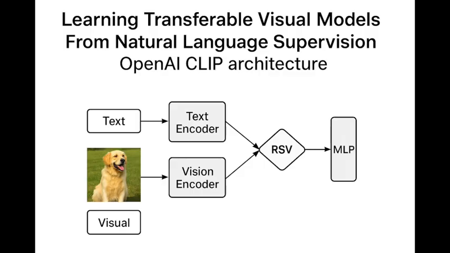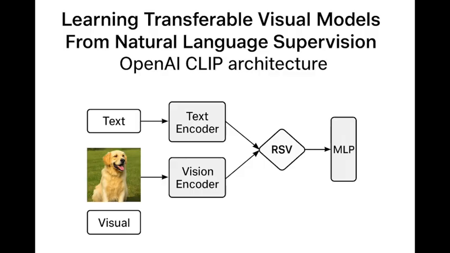InfoNCE pushes the model to make sure that the vector for the correct image contains the maximum possible information about its true text partner compared to all the other noise text vectors floating around in the batch. So it's not just saying this is the best match, it's saying this is the only plausible match, and all the others are clearly wrong. Yeah, it encourages a really strong separation. It wants the score for the correct pair to be dramatically higher than the scores for the incorrect pairs.